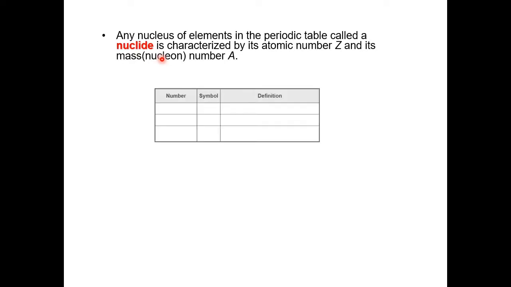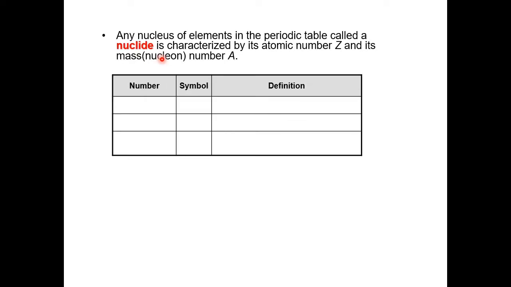Actually, all the nuclei in the periodic table have their own symbol based on atomic number, neutron number, and mass or nuclear number.